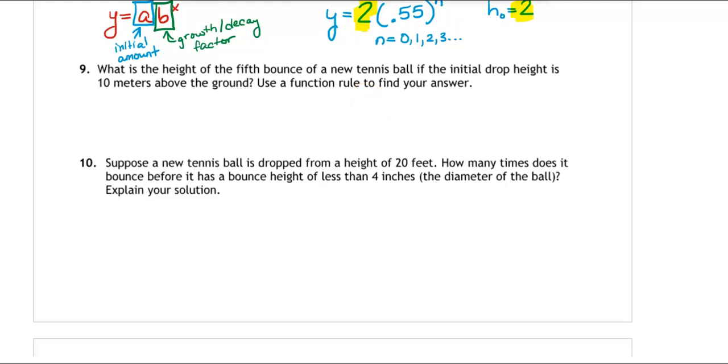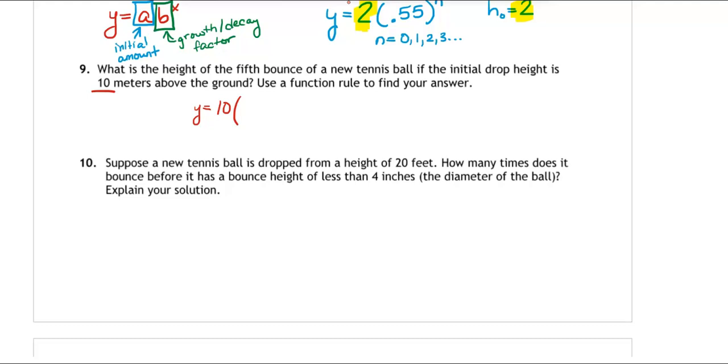So let's do exactly that. So the function rule, again, we're going to follow the same pattern of what we just did right above here. Okay, we just created this where it's going to be y equals. And remember that first number right here is going to be whatever that initial height is. Well, the initial height is 10. So this is going to be y equals 10 times the rebound percentage. How much is it going to change?